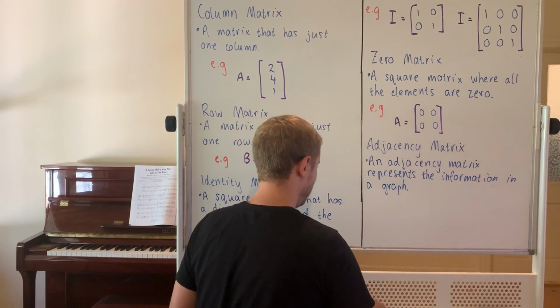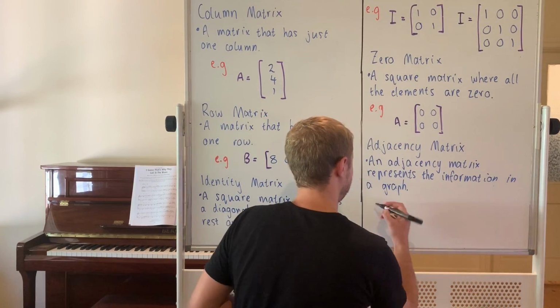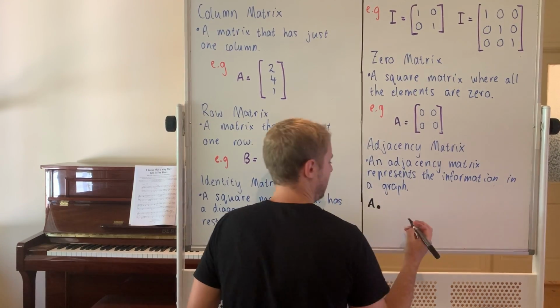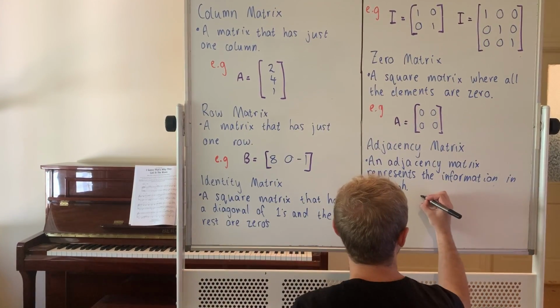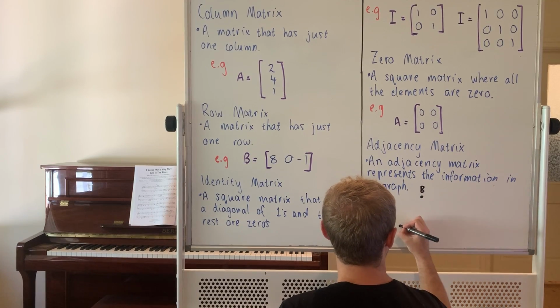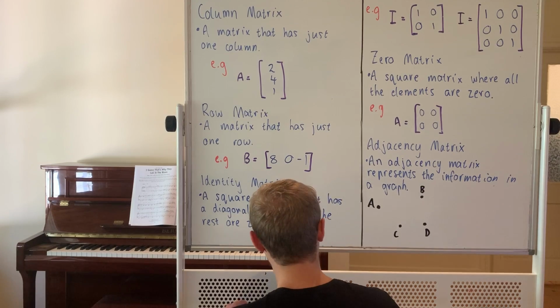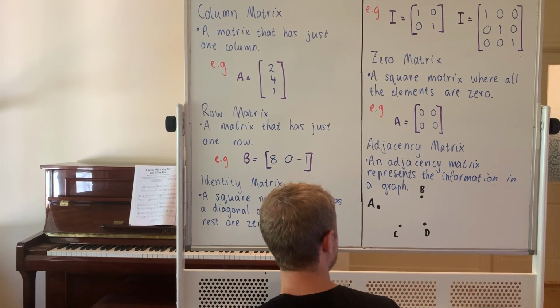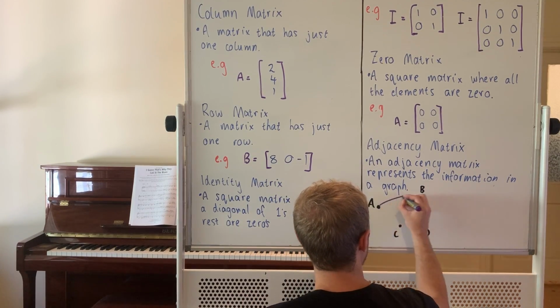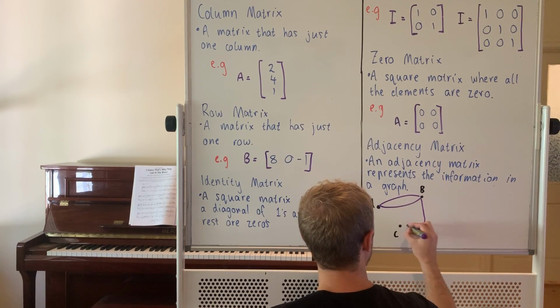So say I did a pretty basic graph. Those of you that did Year 10 Standard, hopefully you can remember what these look like. Alright, you've got your vertices, they're the dots, edges connecting them up.